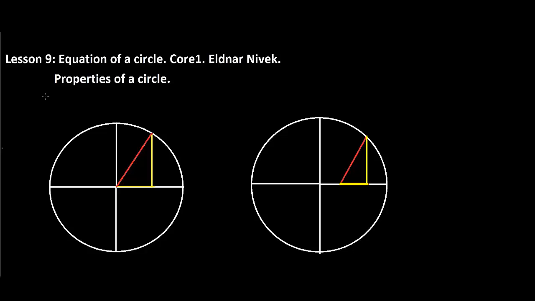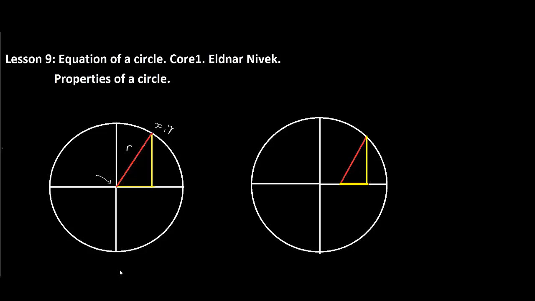If we look at the simplest case on the left here, where we've got a circle with the centre at the origin, and this is the radius, so we'll call that R, at the point xy, this being x and that being y.